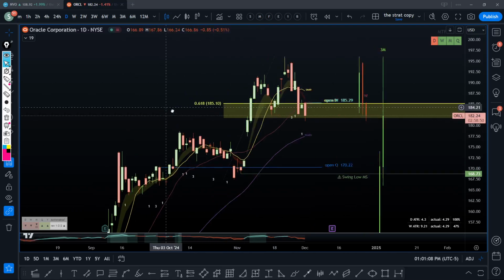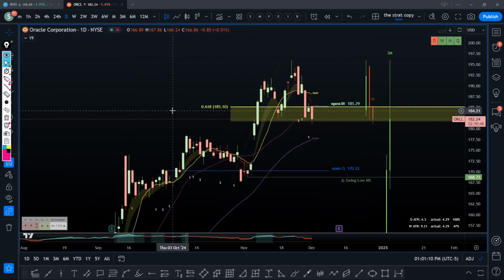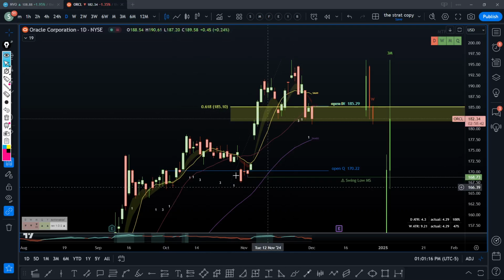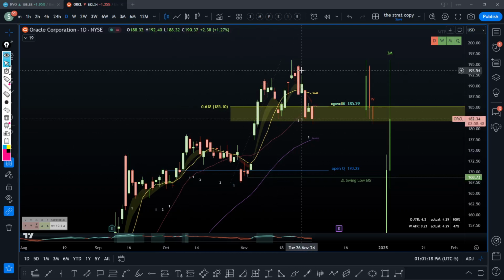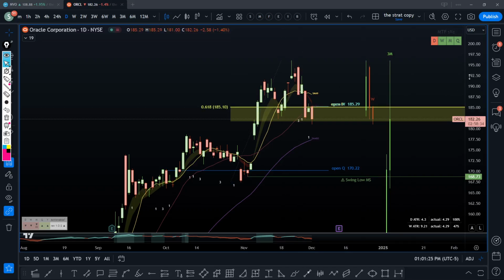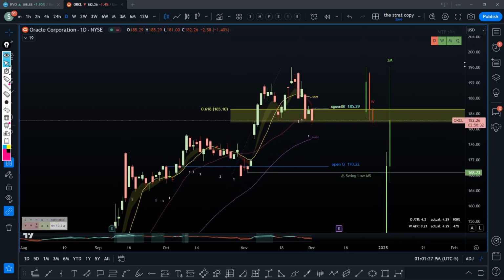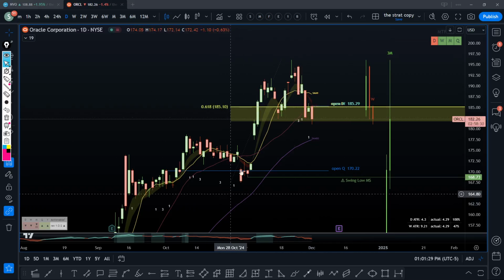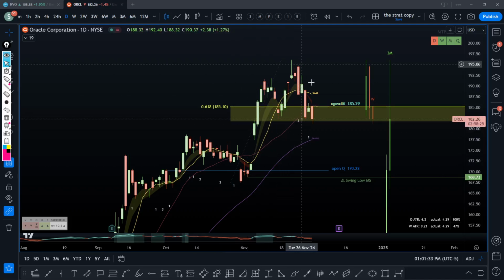Because of what Oracle does, they are in the AI tech world. I do think that they'll continue up as AI continues to be the most talked about thing in the stock market. But I also notice that on the daily we have this double top, so it could be a little bit exhausted.